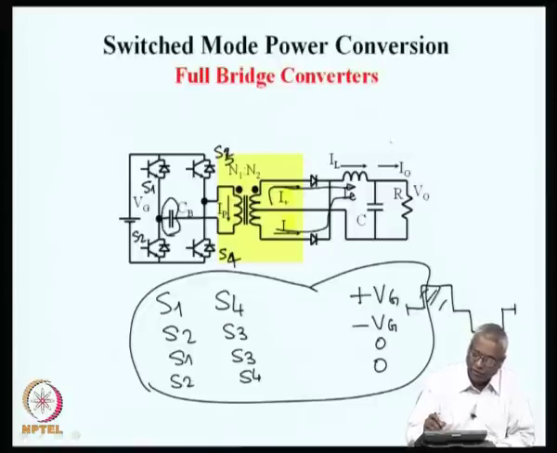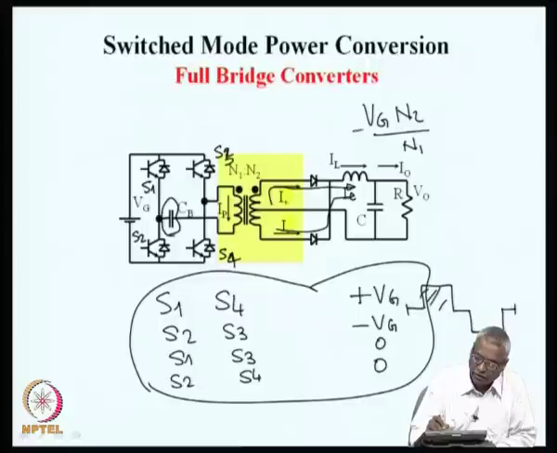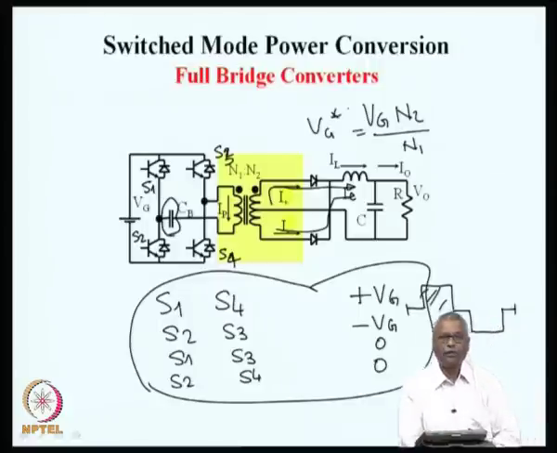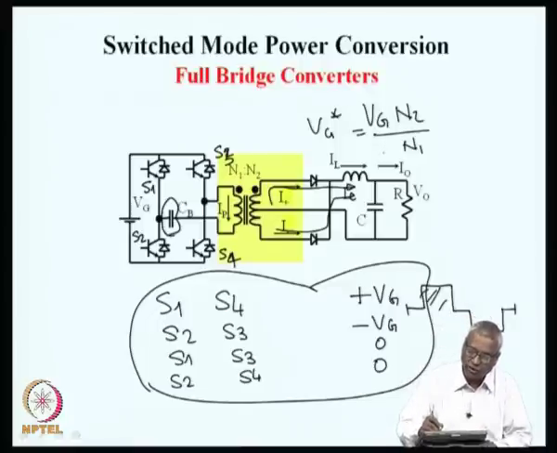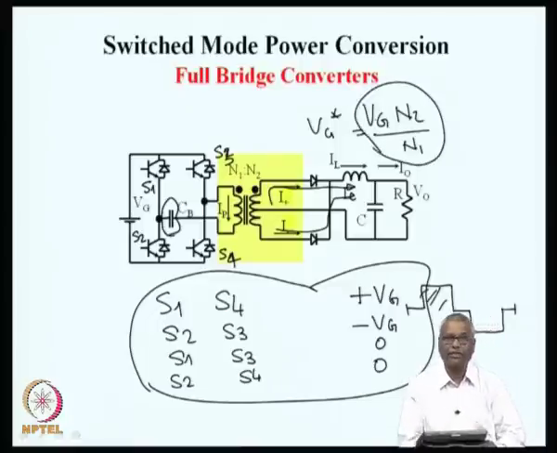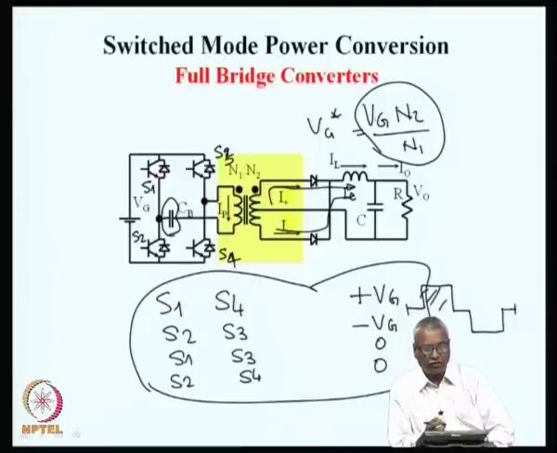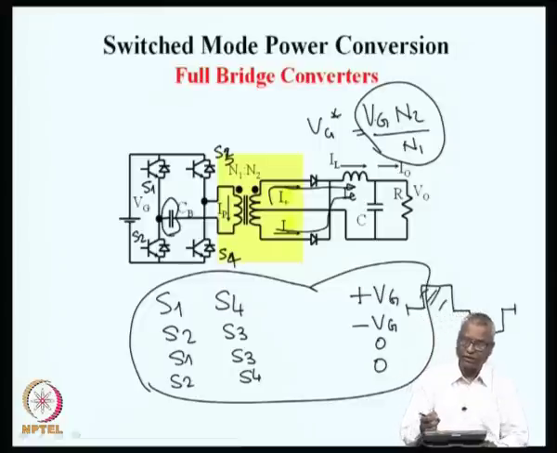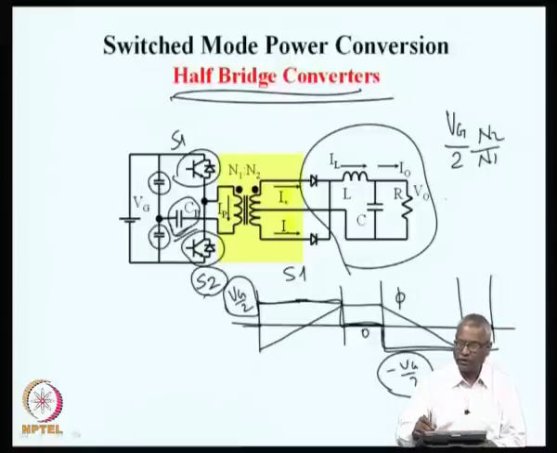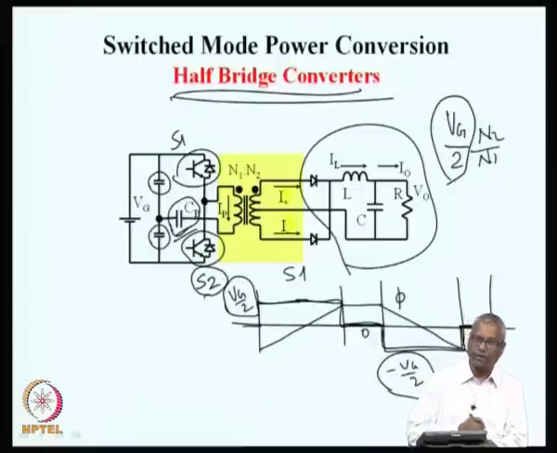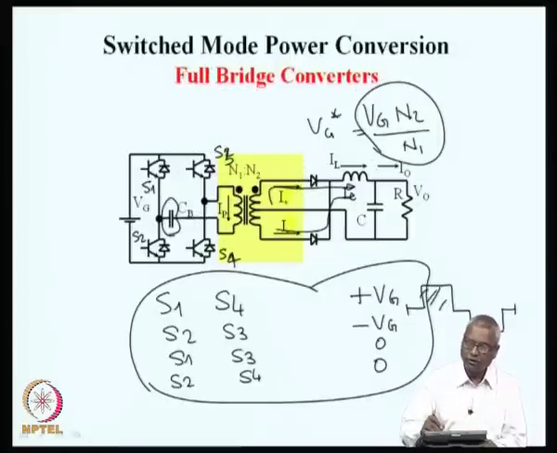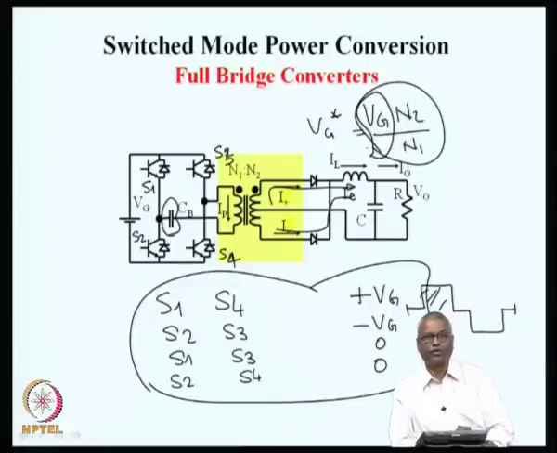As far as the secondary part is concerned, Vg star is Vg into N2 by N1, the equivalent buck converter's source voltage. In half bridge, we saw that it is Vg by 2 into N2 by N1. In full bridge converter, it is the full voltage Vg multiplied by N2 by N1, and this is the reason for the name full bridge or half bridge. Half bridge has only Vg by 2 applied, and in full bridge, full voltage is applied.